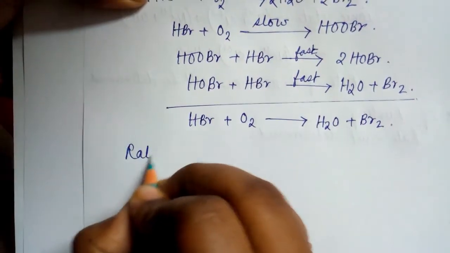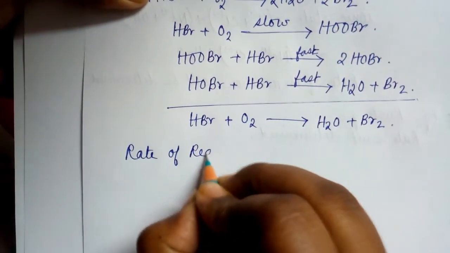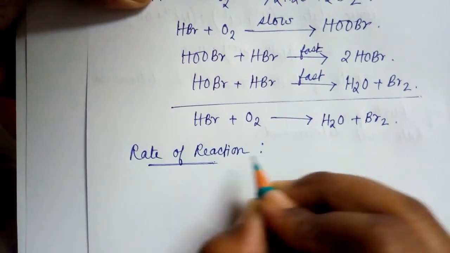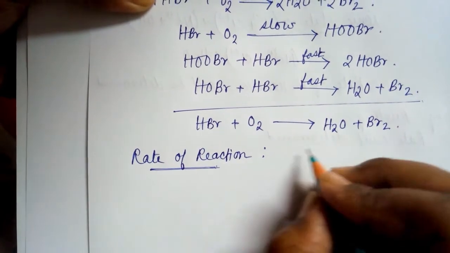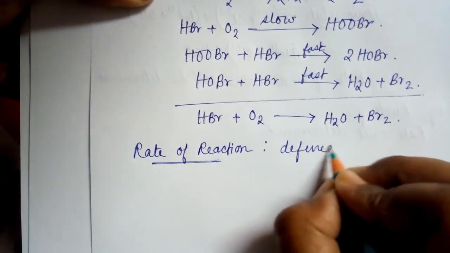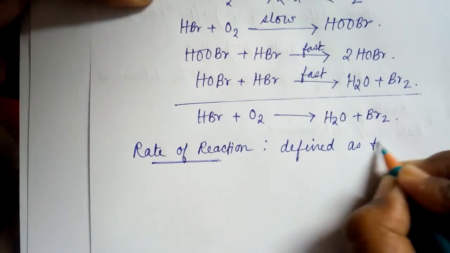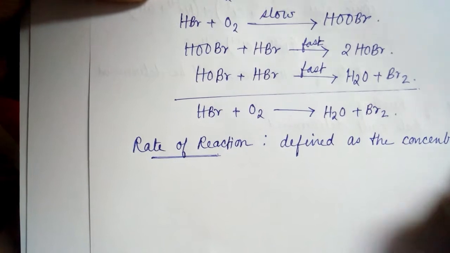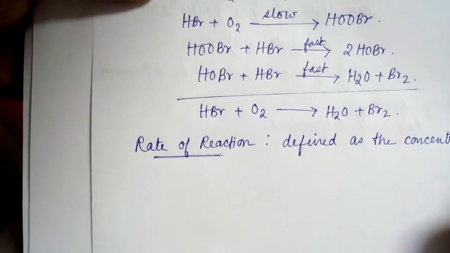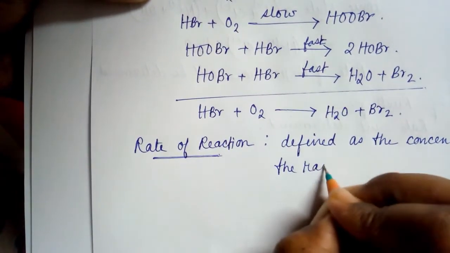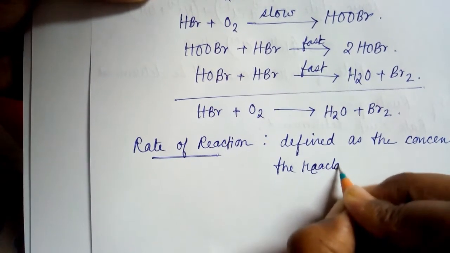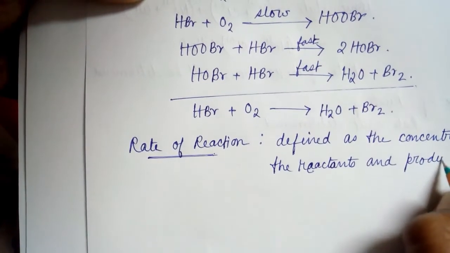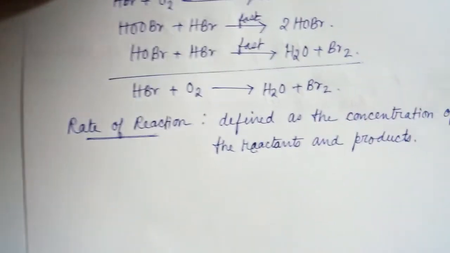What is the rate of reaction? What is the definition of the rate of reaction? It can be defined as the change in the concentration of the reactants and products, that is, the change in the concentration of the elements that are participating in the reaction.